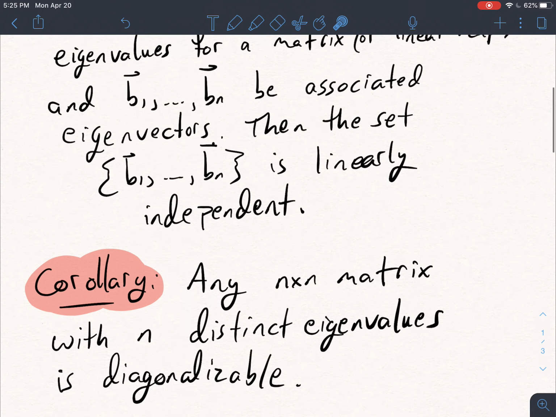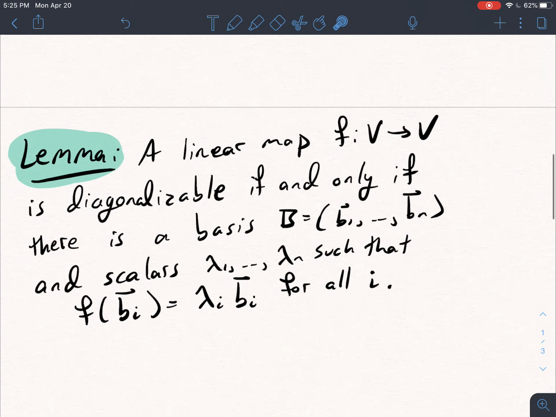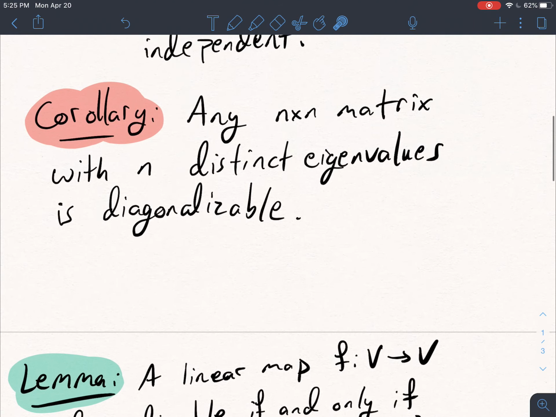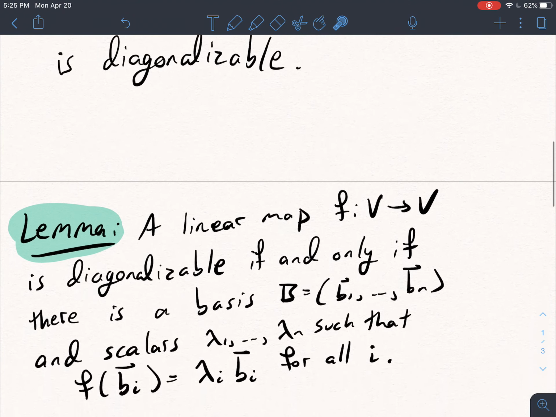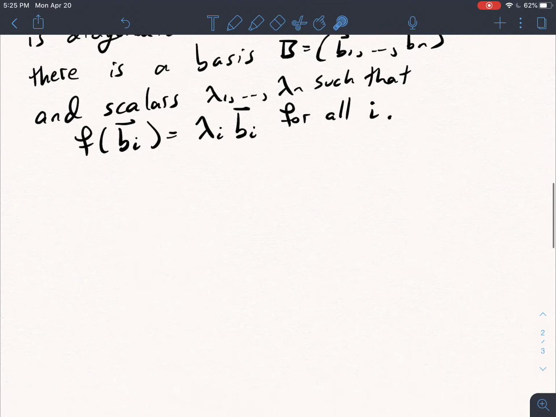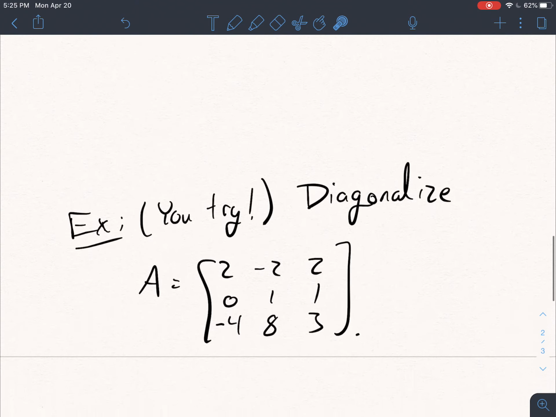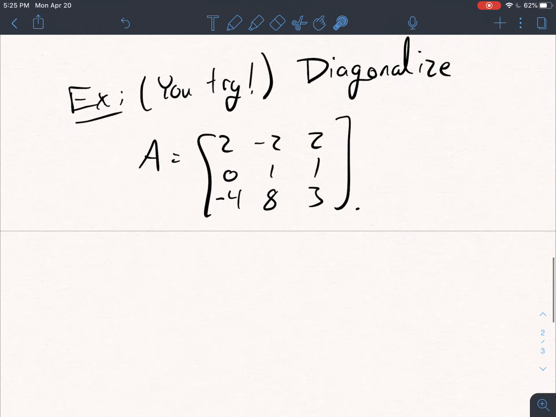So you have a linearly independent set consisting of n vectors for an n-dimensional vector space. Therefore, that has to be a basis. So you have a basis of eigenvectors, and the lemma says if you have a basis of eigenvectors, then you're diagonalizable. And so the corollary just falls right out from there. The rest of this video is going to be the following example.